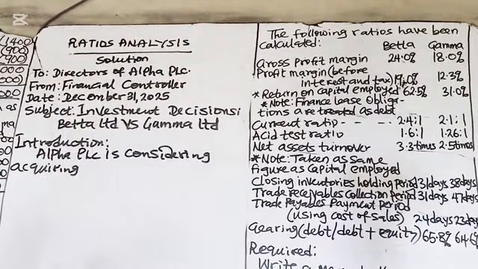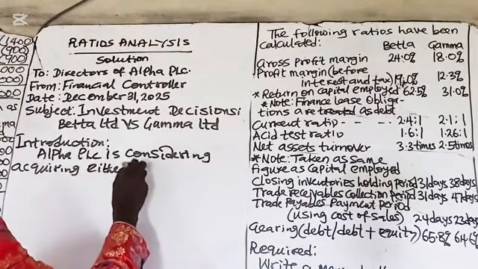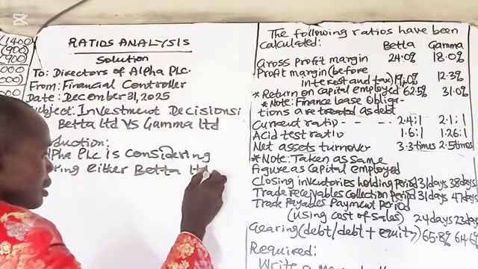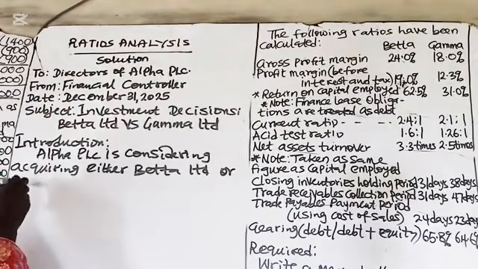No, you have two companies and you want to acquire only one. Either Beta Limited, or the second company, Gamma Limited.